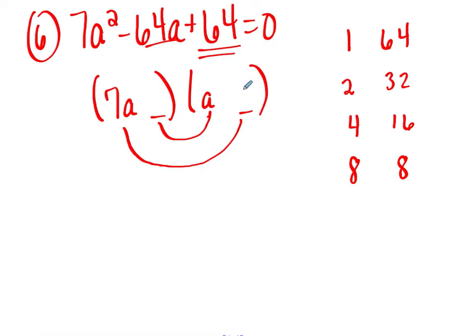No, because 7 times 8 is 56. That's 56a and 8a. Yeah, that's right. It's going to be 64.